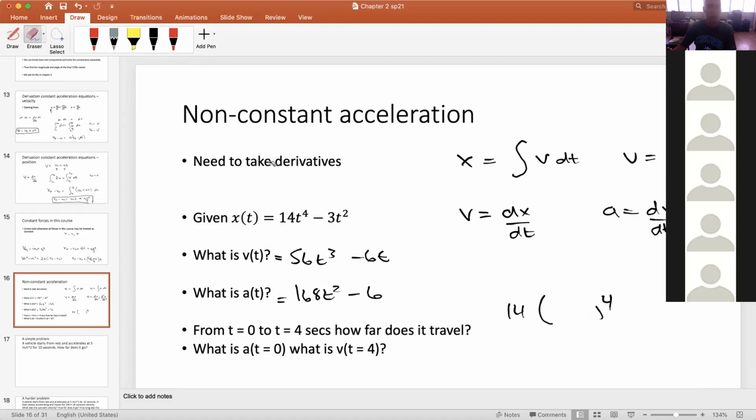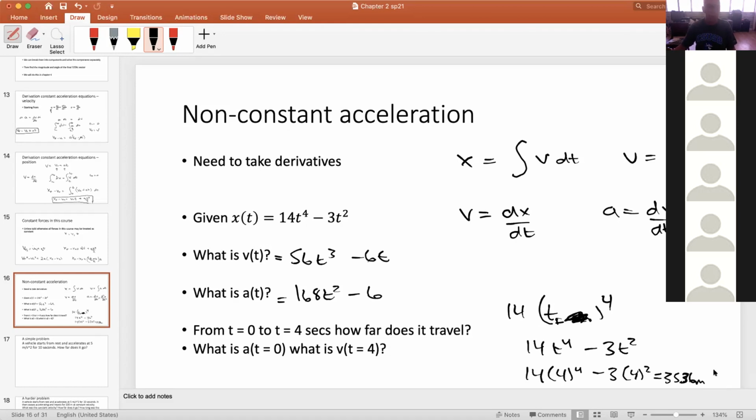These are t's. T final minus t initial, but really you can get rid of that. So it's just 14 t to the fourth minus 3 t squared. Put in a 4 here. 4 times 4 is 16, times 4 is 64, times 4 is 256. So let me write it this way, 14 times 4 to the fourth minus 3 times 4 squared. So this would be 14 times 256 minus 3 times 16, 3536.